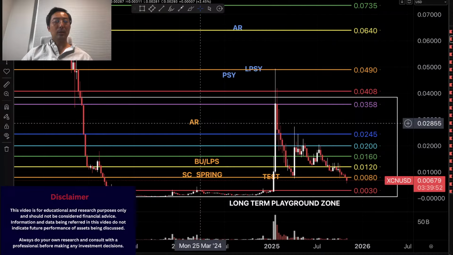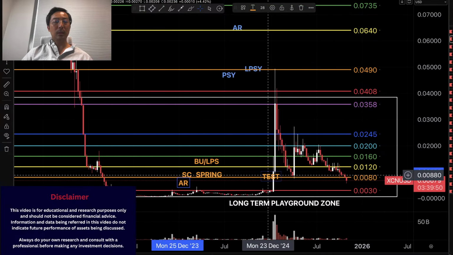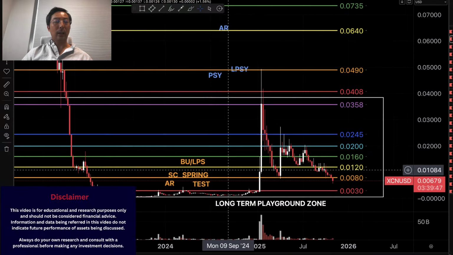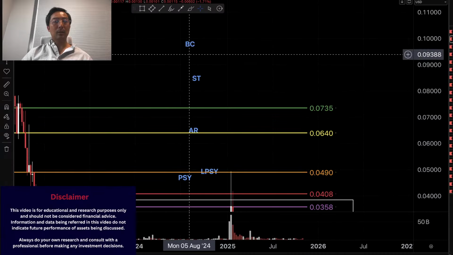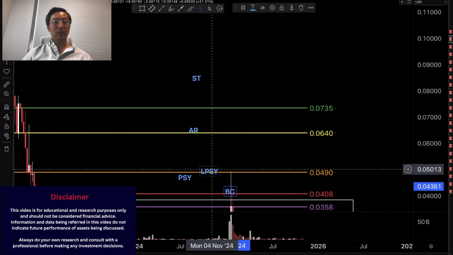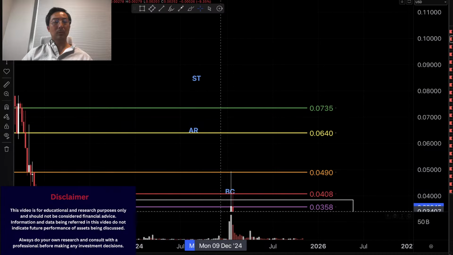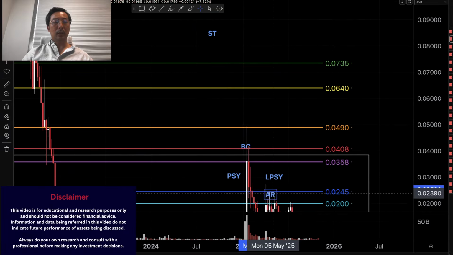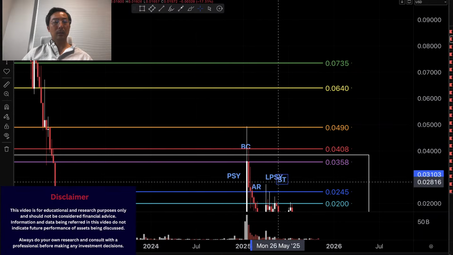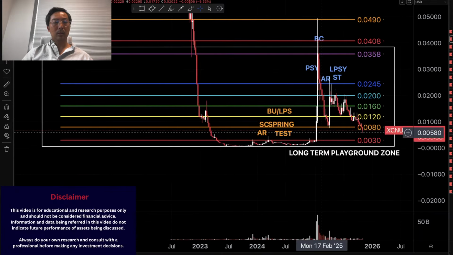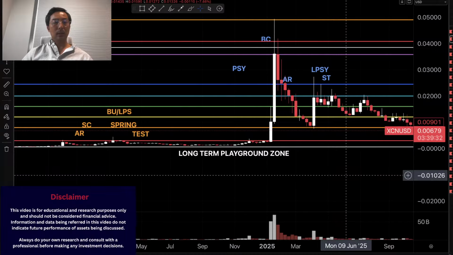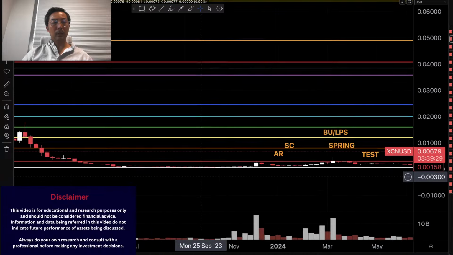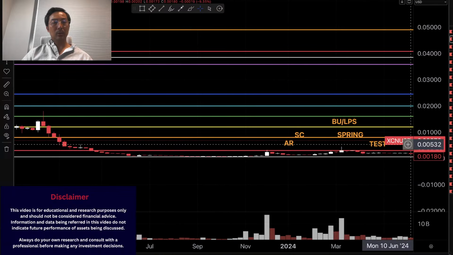The orange ones are the accumulation stage or cycle tags. The blue ones are the distribution cycles. I'm going to roughly pull them to where they should be, and then we can start. So let's zoom in and go to this side.